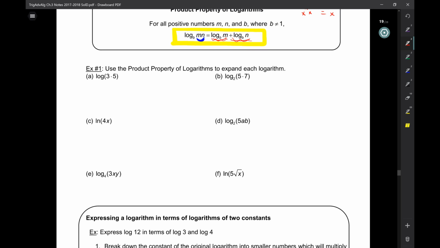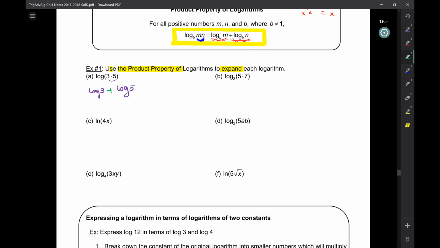So now this one says to use the product property to expand each logarithm. Here we have the log of something that's being multiplied. So each guy gets its own log, and then we add them. That's all.